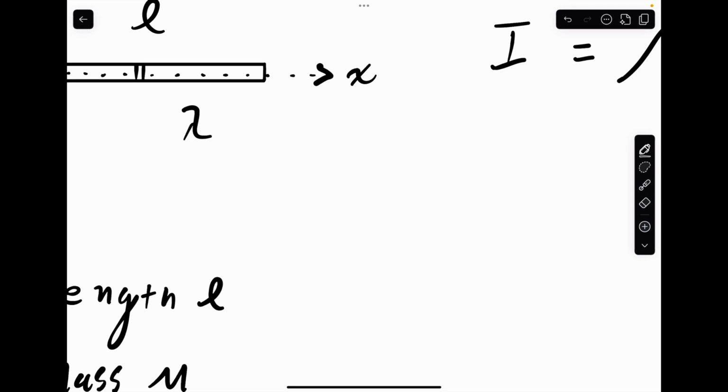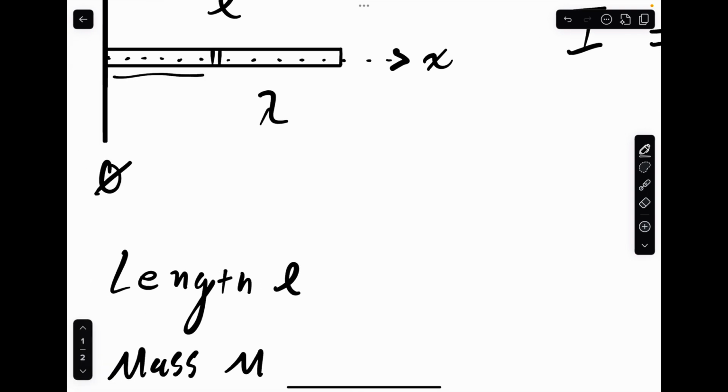As always, we're going to visualize a little dm that corresponds to an infinitely small dx, a little piece dx that is x away from the origin. And that dx has to have a dm.